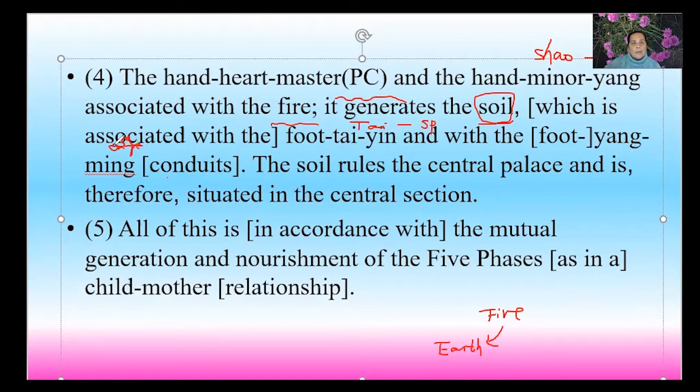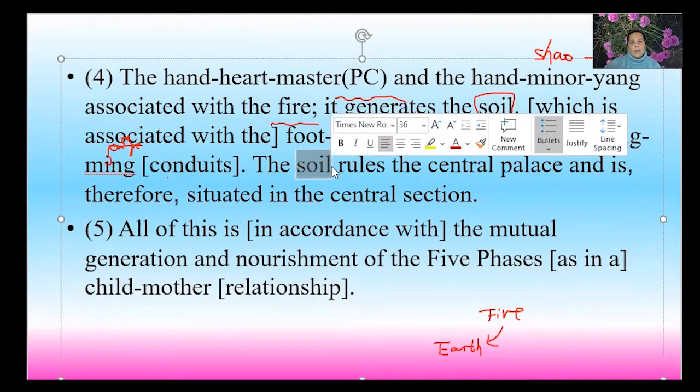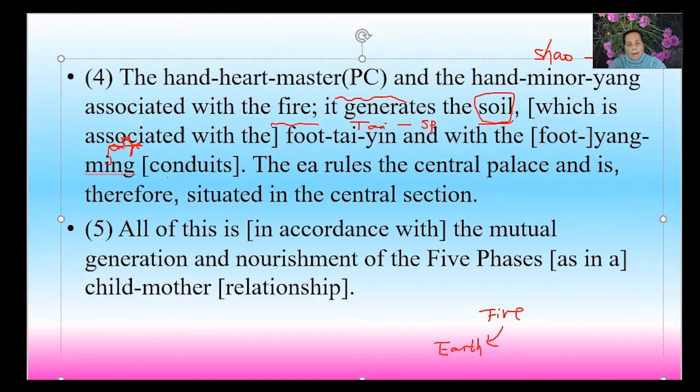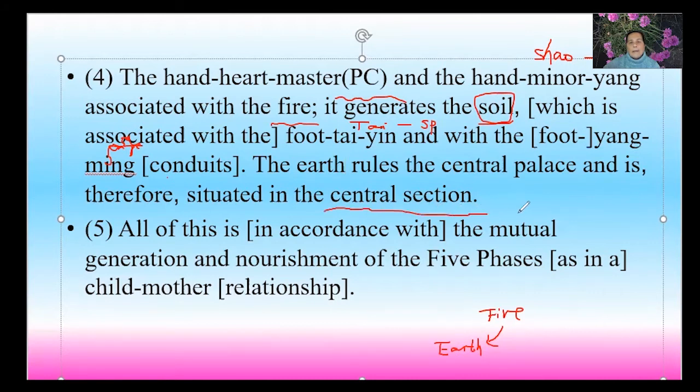And because we're talking about the Earth, its relationship is with the center. So that's why the pulse is in the center position. We're talking about the 关 position.